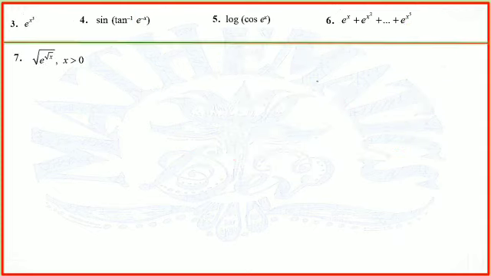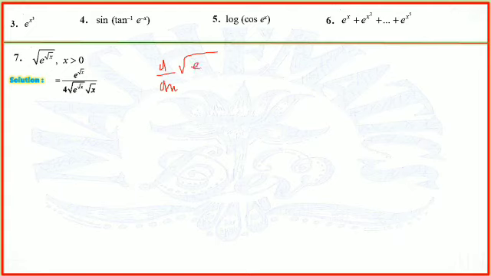Now the next, question number 7, is the square root of e to the power root x. For the solution, the answer is e^(root x) upon 4 times something, and I will explain how it happens. First of all, we write the derivative of root of e^(root x) this way.